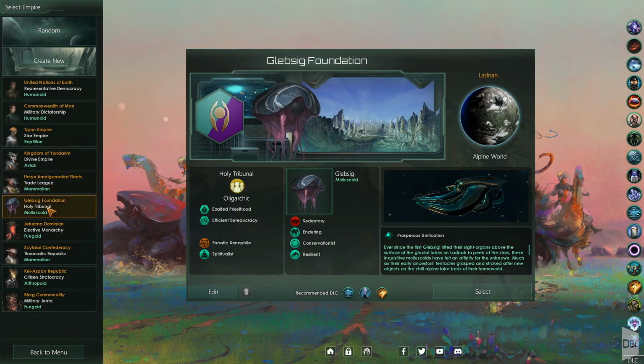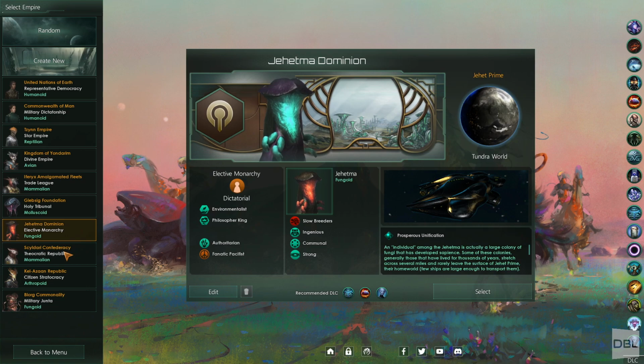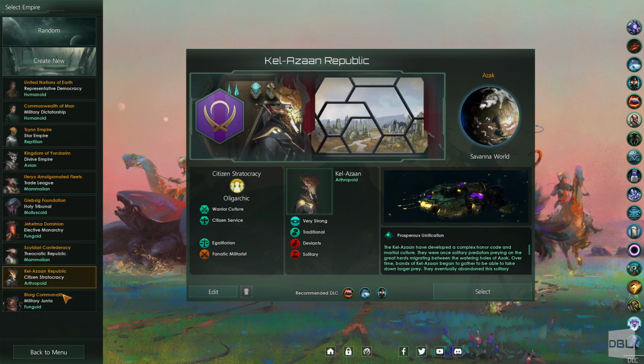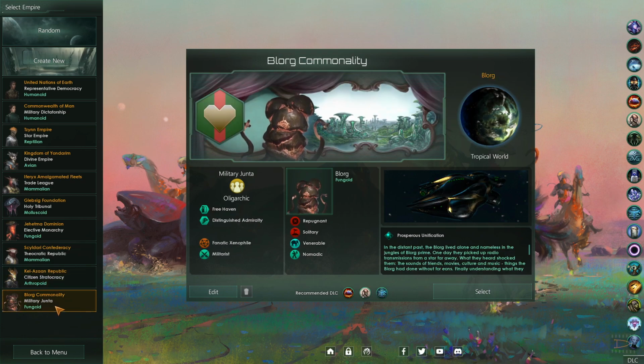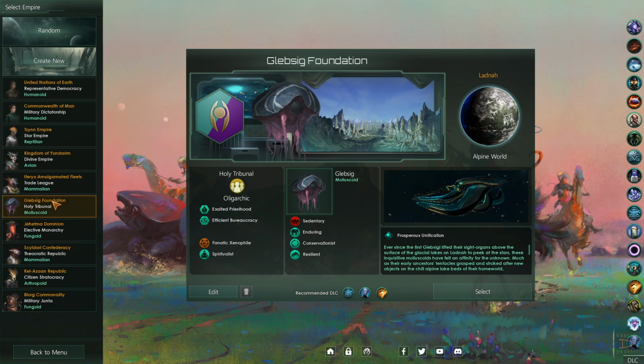That one's okay. Is it like Ferengi? That one's okay. They're kind of getting lazy with the backgrounds. Just throw a gradient on it. Interesting. What? Really? A heart? Okay. Yeah, jellyfish, I guess. Glebsig. Those are the German jellyfish.